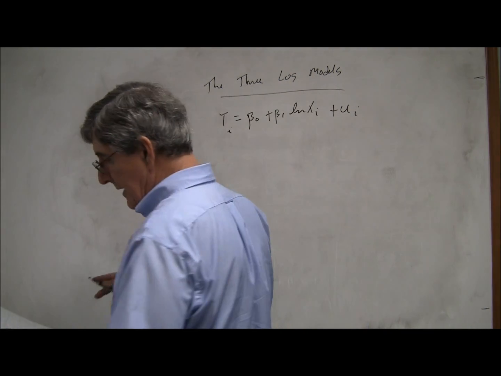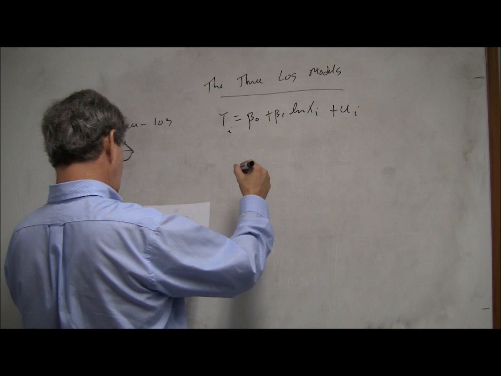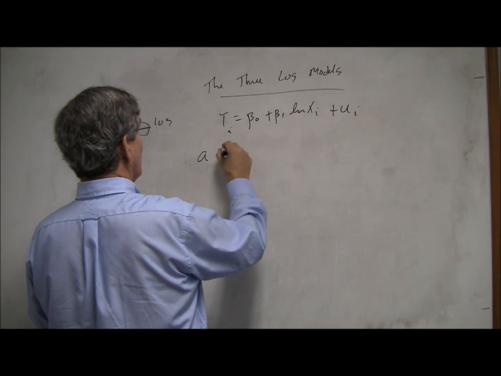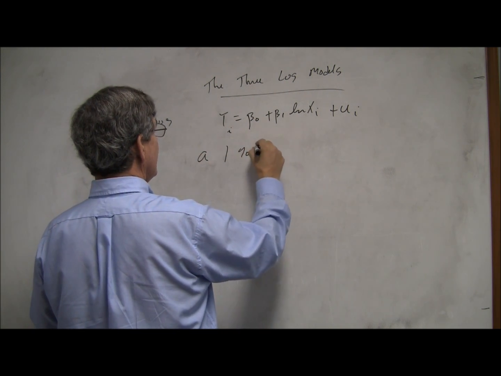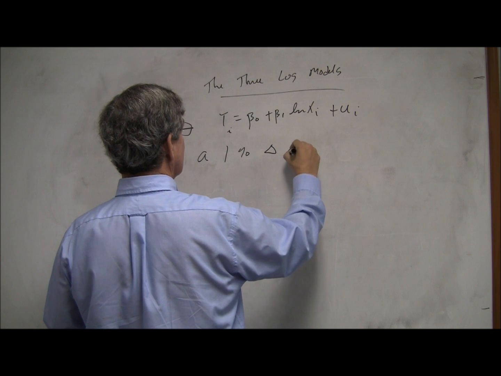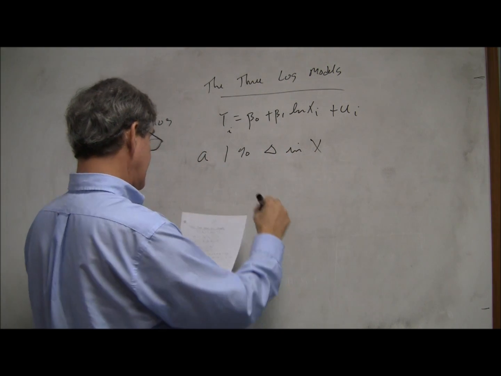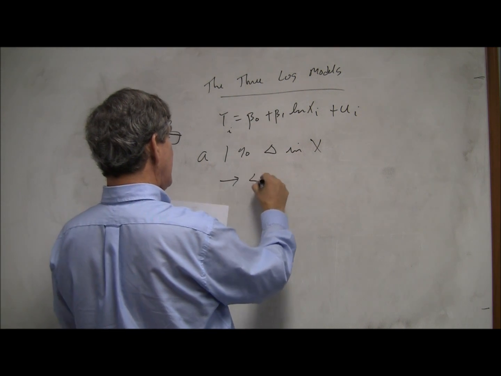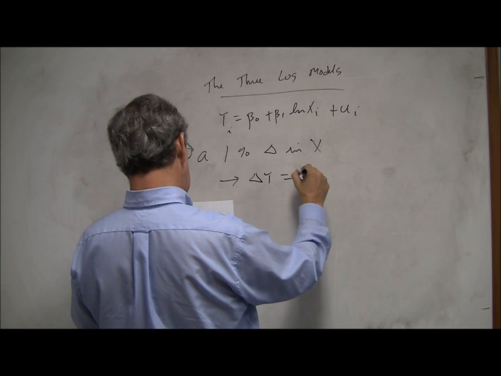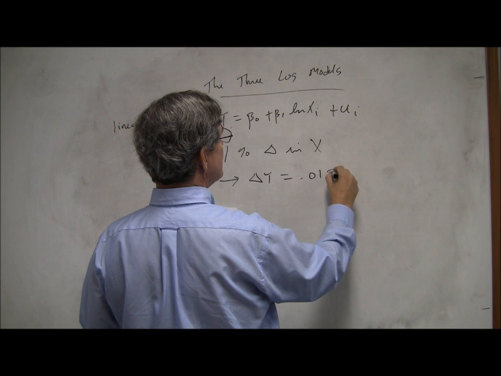Okay. In this model, a 1% change in x gives you a change in y equal to 0.01 times beta 1.